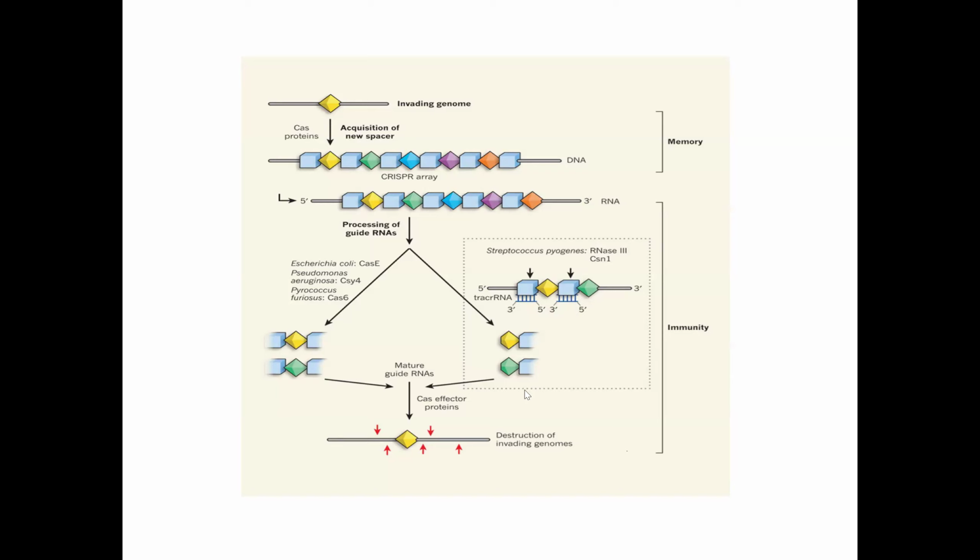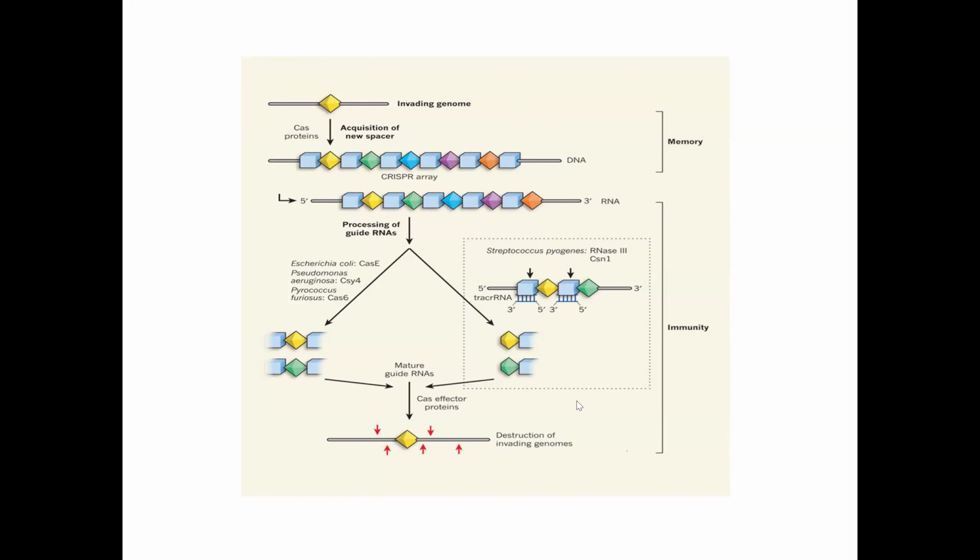So the guide RNA contains a spacer part, and whatever gene is there, it will go and target that particular area in the target genome, in this case, the phage genome.